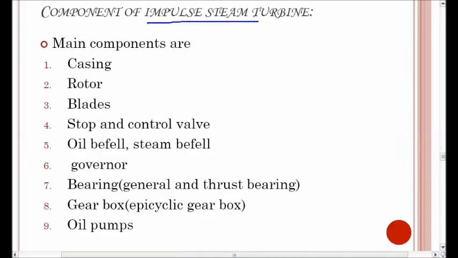Components of an impulse steam turbine are a casing, rotor, blades, stop and control valve, governor, oil baffle, steam baffle, bearings, gearbox and oil pumps. Okay, so we'll discuss the parts as a whole when we complete what an impulse turbine and a reaction type turbine are, and then we'll move on to the components associated as a whole.